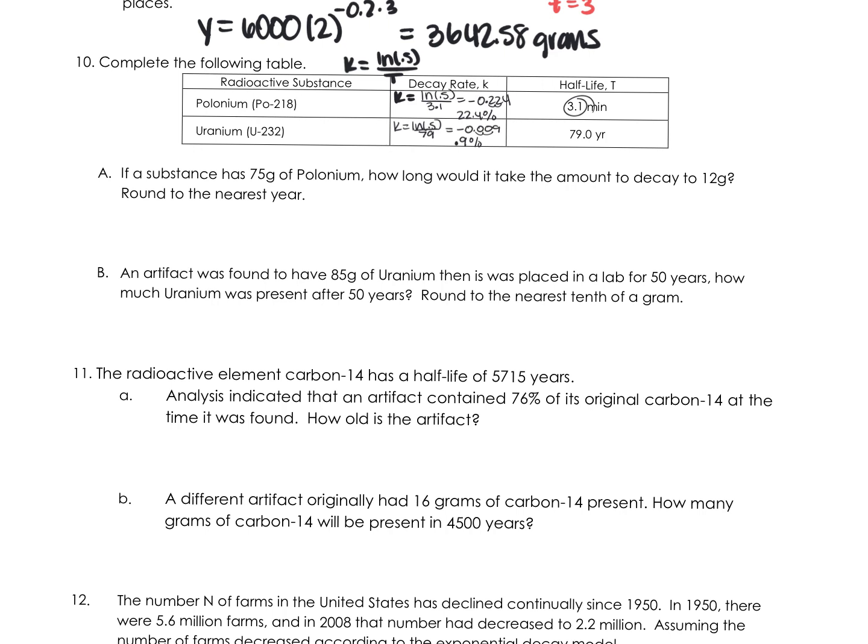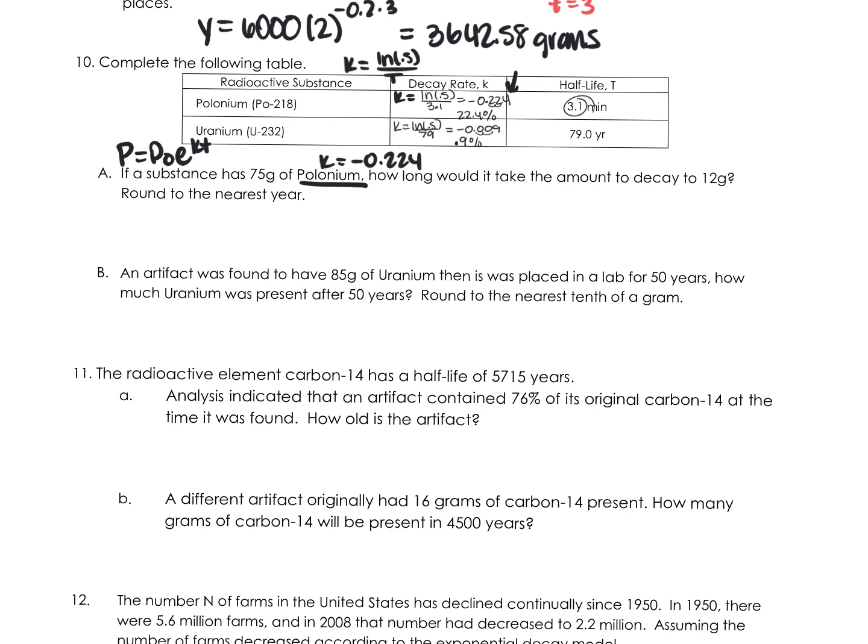Okay, so A asks, if the substance has 75 grams of polonium, how long would it take for the amount to decay to 12 grams? So we're using our exponential growth and decay equation here because it's not a money problem about compound interest. And so we know that K for polonium, we just found that up here, is this guy right here, negative 0.224.